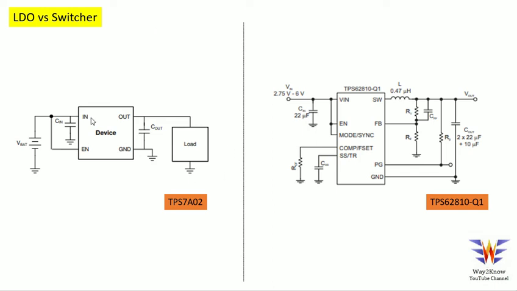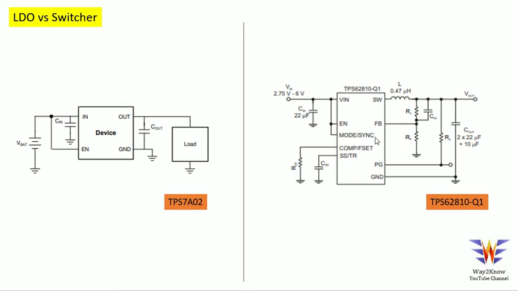So this on the left, what we see here is TPS7802, which is a linear regulator. The device that is shown here is nothing but an IC, and then on the right you see a switching regulator, which is a TPS62810.